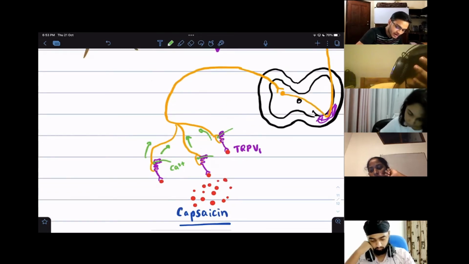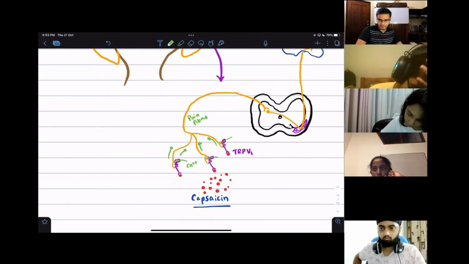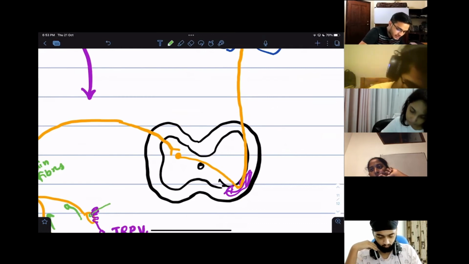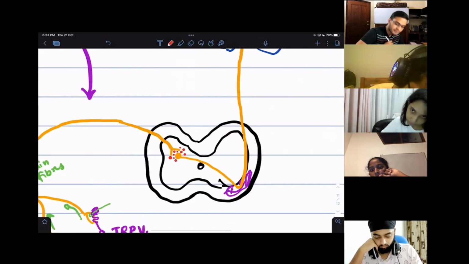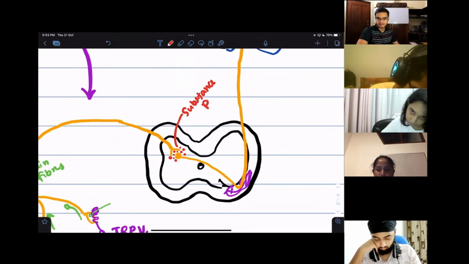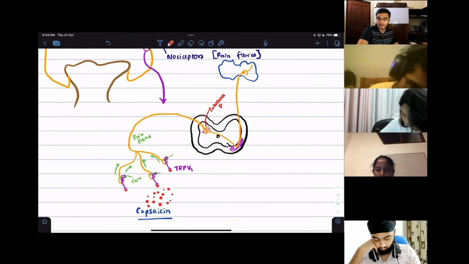Now, what are these fibers? These are pain fibers, we said. So when the pain fibers start firing action potentials, they come to the spinal cord here and release a special neurotransmitter called substance P. That is what will help transmit the nerve impulse through the second order neuron and then upwards.